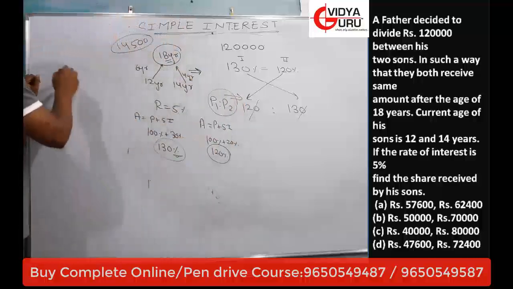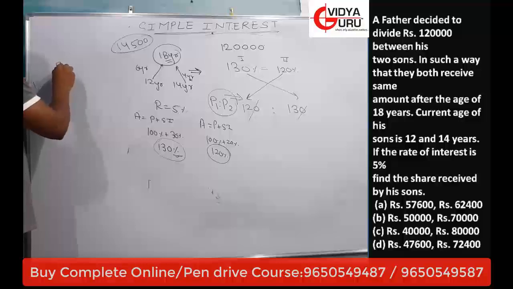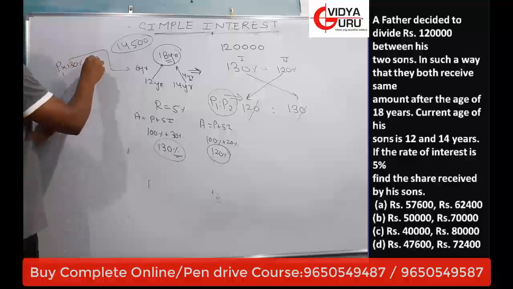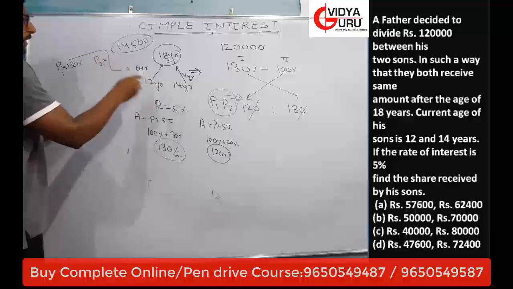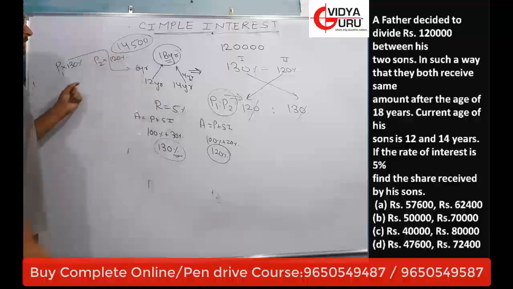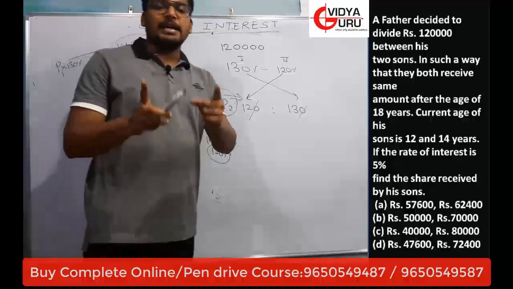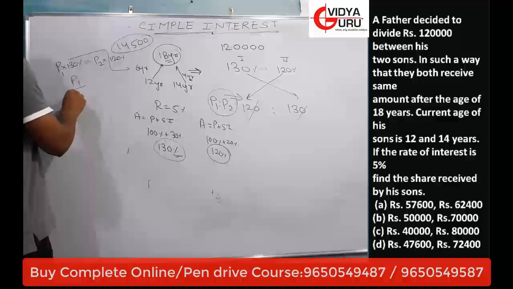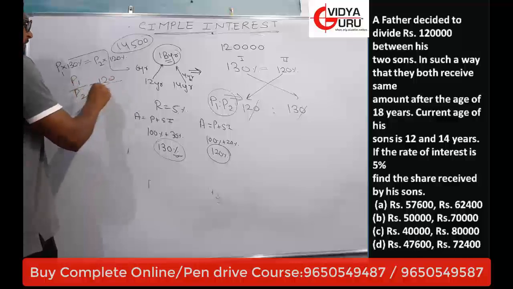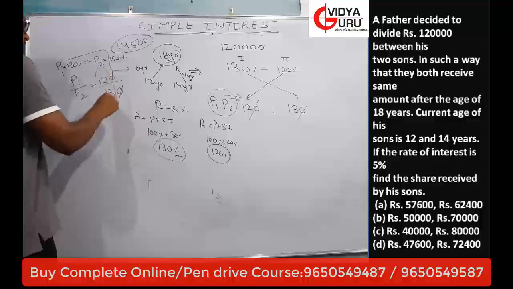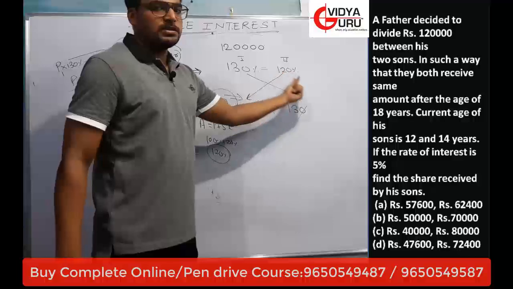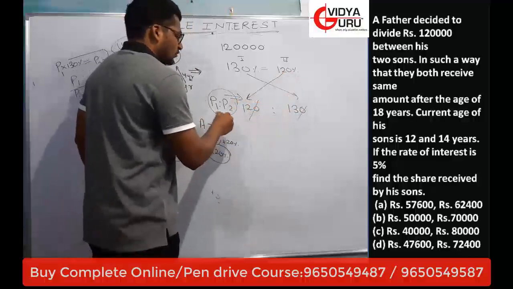I'll tell you. 130% of the principal will be the amount of the first son, and 120% of the principal will be the amount of the second son, and the question is saying they will get the same amount. That means this is equal. Then P1 upon P2 will be equal to what? 120 by 130. That is ratio 12 to 13. The same we have done here. We just need to reverse this, and what will we get? The ratio of the principal.